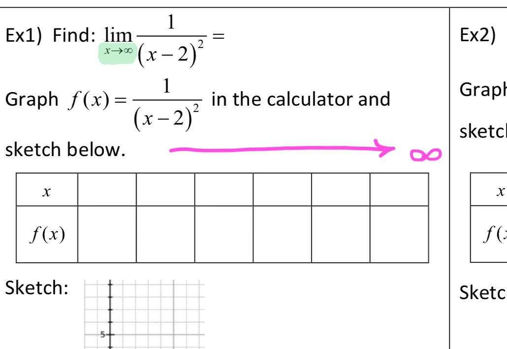And when we fill in the table, it's not going to be all these decimal places to the tenths and hundredths and thousandths. We're going to start with some smaller numbers and then get into bigger and bigger numbers to approximate infinity.